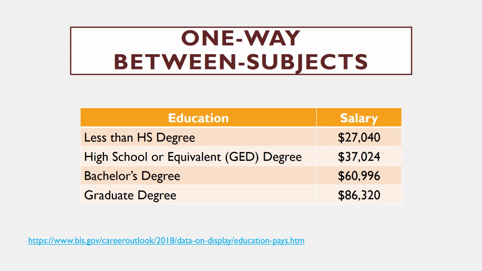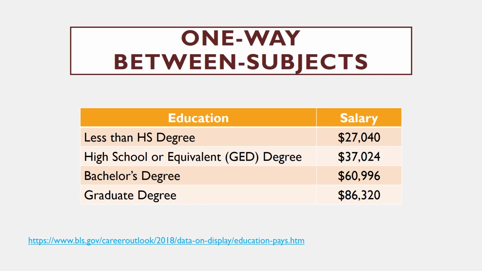Now looking at these raw numbers, $10,000 seems like a lot. You're almost multiplying your salary by 1.3, right? You're almost getting a third of the money extra every year for the rest of your career by getting that high school or GED diploma. Now, is that significant though?